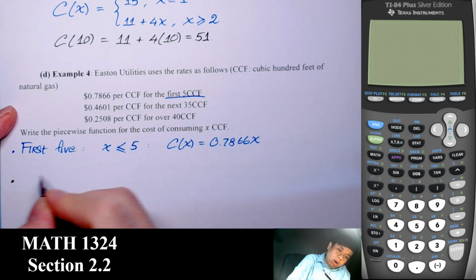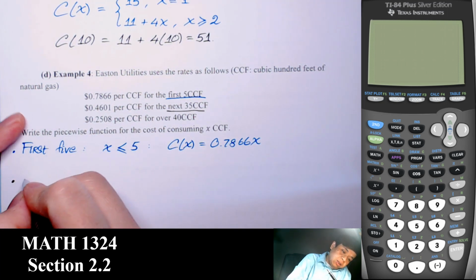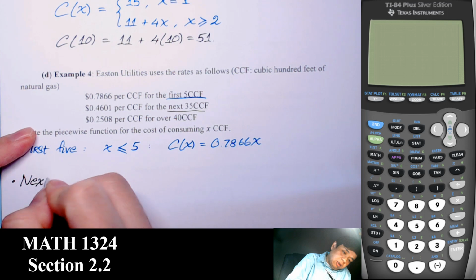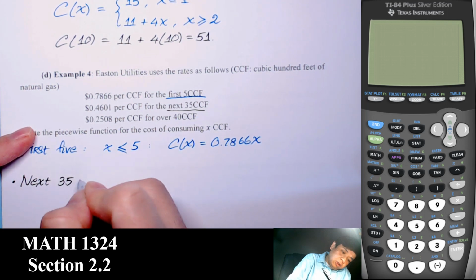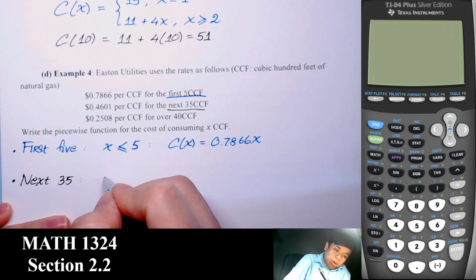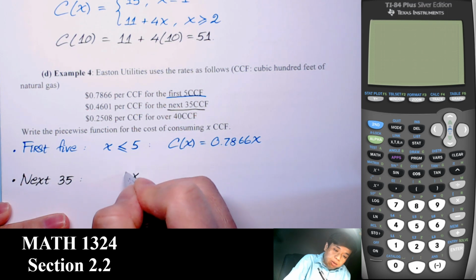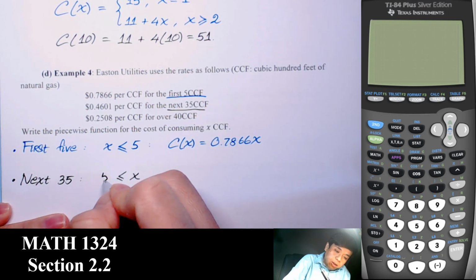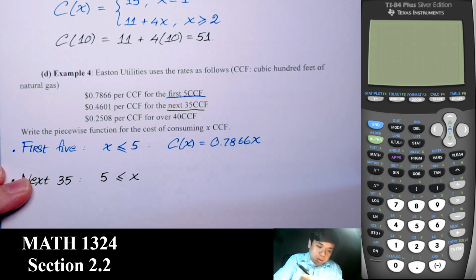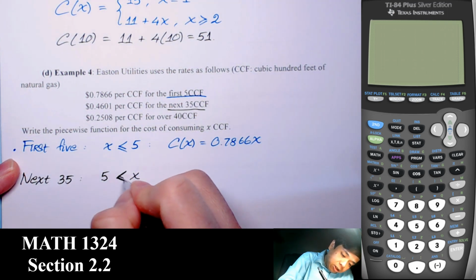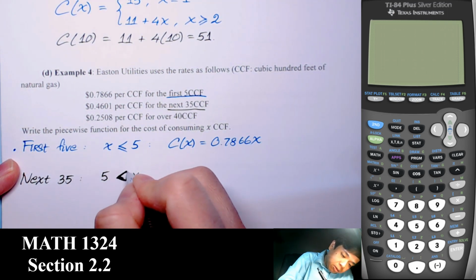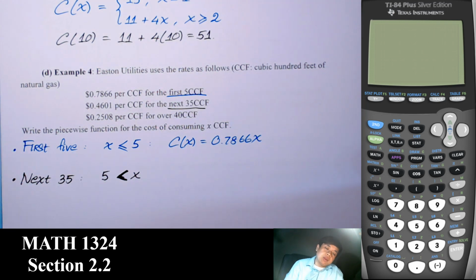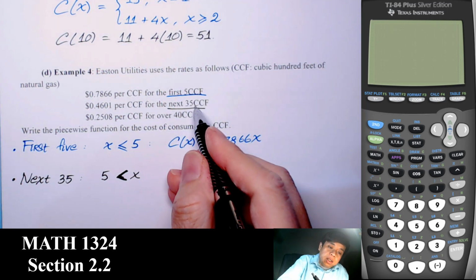The next part is the next 35. So the original less than 5 now is going to be greater than 5. Make it greater than. But it has to be the next 35.